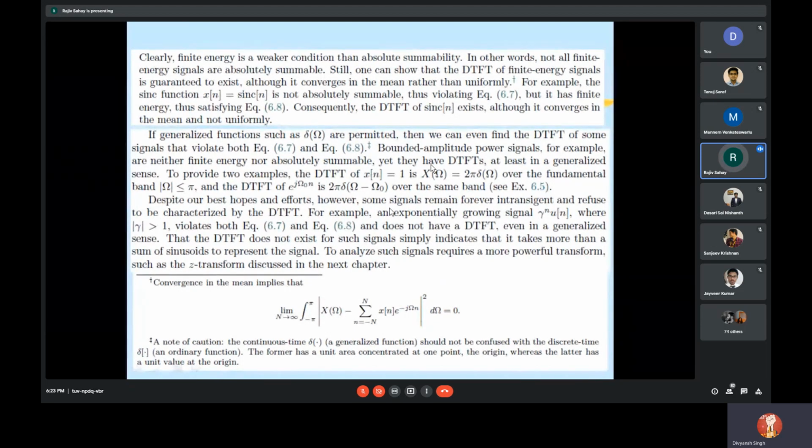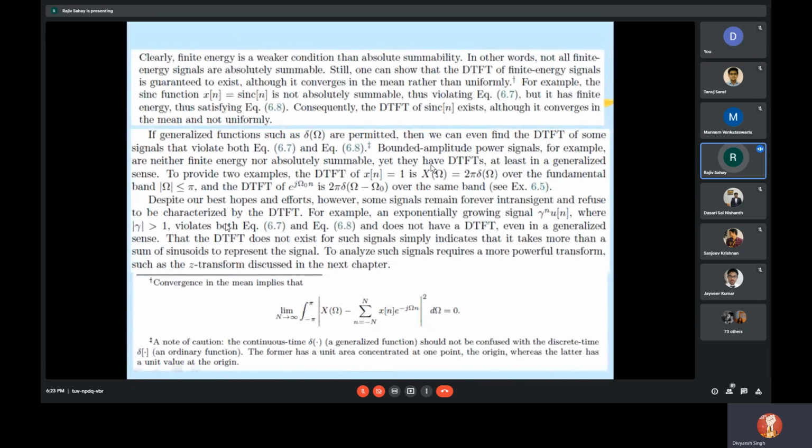So there are still some more functions for which the DTFT simply does not converge. I had talked about a to the power n u[n], or here it is written as gamma to the power n u[n]. So this is an exponentially growing signal where mod gamma is greater than 1.